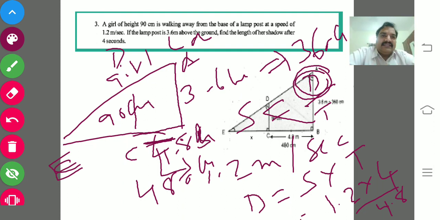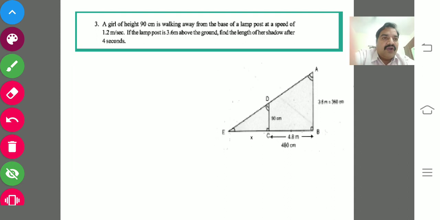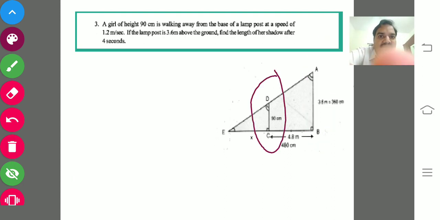Now this is the way of drawing the diagram. Wherever possible, you post the values according to the question. You just analyze and keep the values in that particular diagram. So how did we analyze? It is given that AB is a lamp post and CD is a girl.